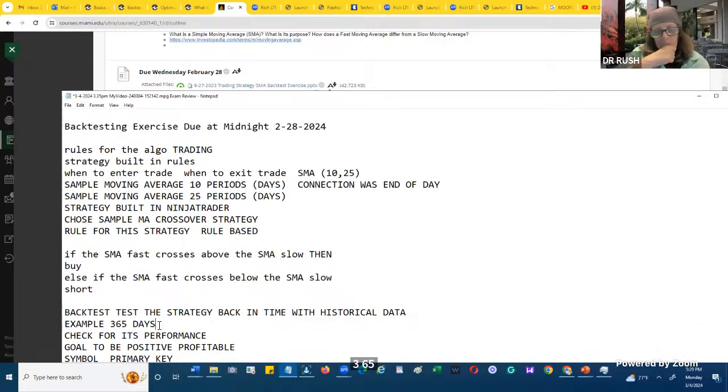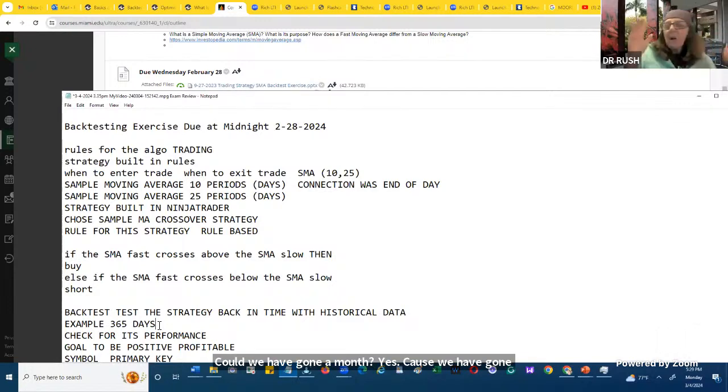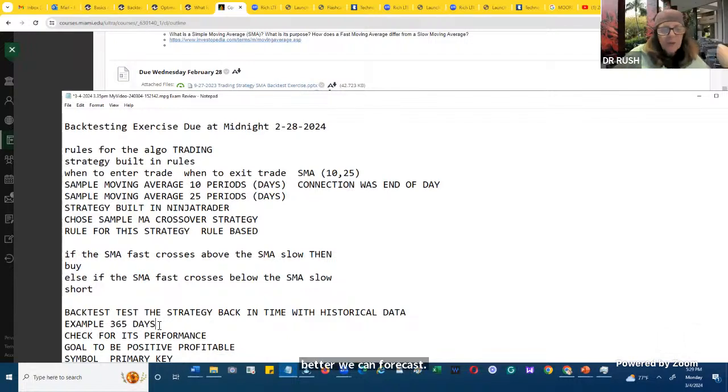Could we have gone a month? Yes. Could we have gone 2 months? Yes. We just made it a year since we have end of day data. If we had tick data or minute data, maybe we would have just done a month, because what we find out with statistics is the more data we have, the better we can forecast. You understand? So we're just choosing 365 because we're doing end of day.